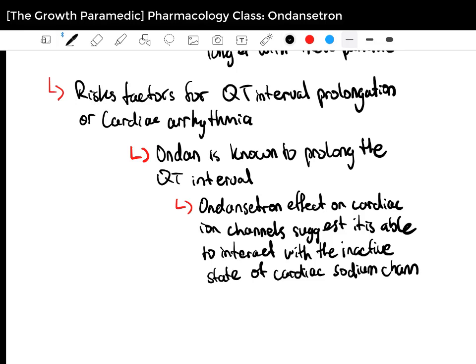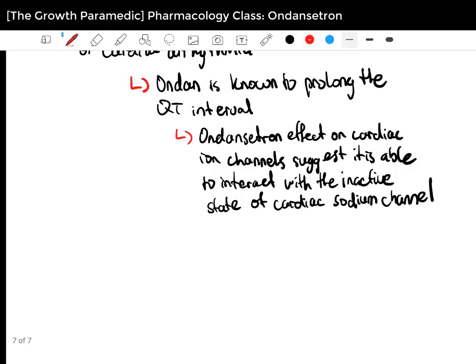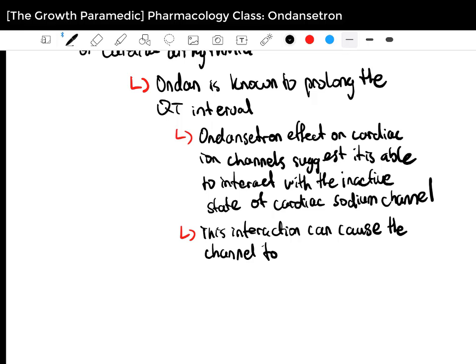And all you need to know from this point is that it can act on the cardiac ion channels, and this interaction can cause the channel to be blocked, and that runs the risk of cardiac arrhythmias, such as the QT interval prolongation.